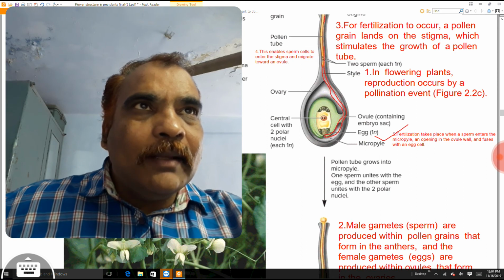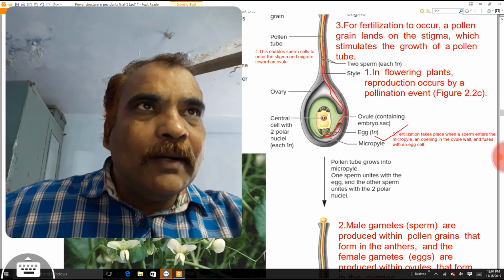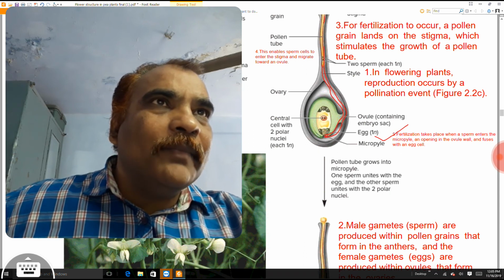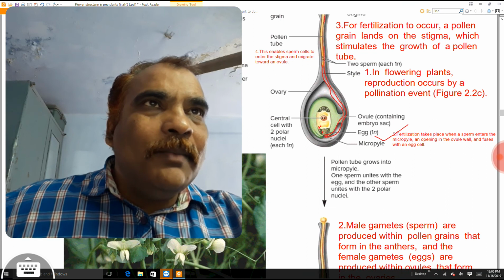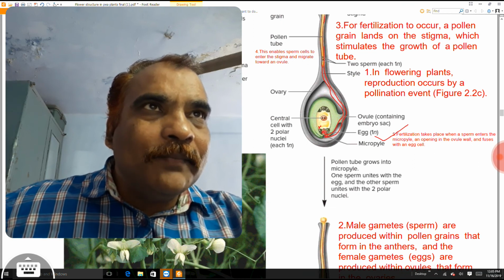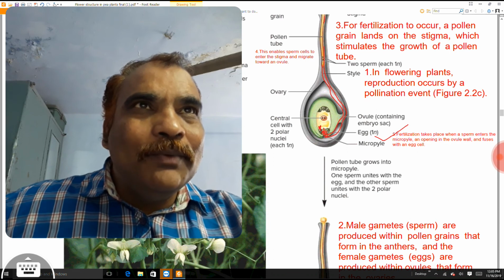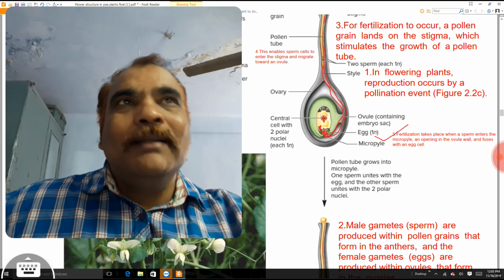Two sperms are there, this is the one and this is the second, and both sperms enter the ovule. One sperm is going to fuse with the egg cell, and the other sperm is going to fuse with the central cell.